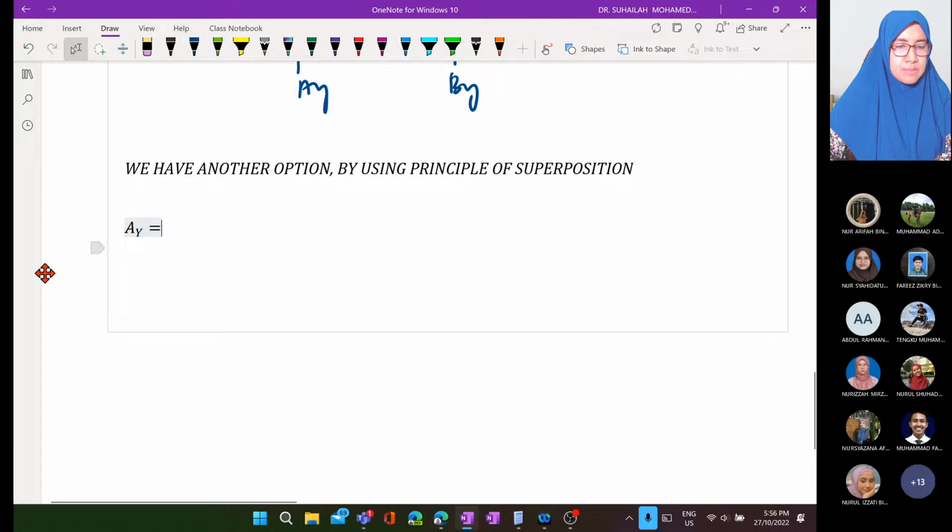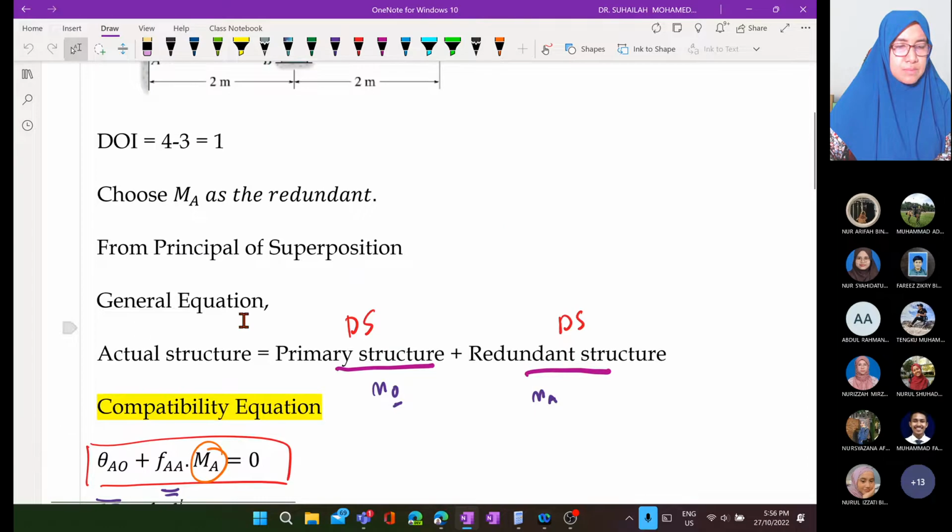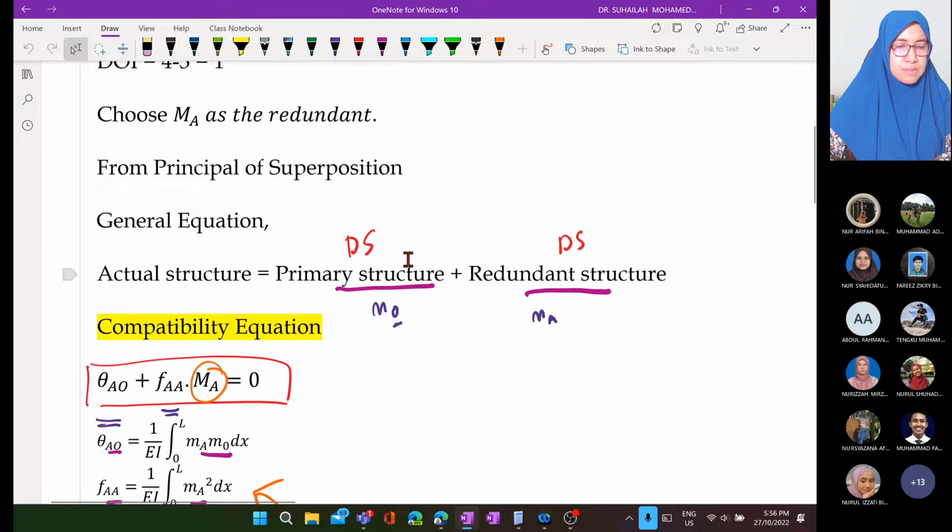Okay, we are referring now to the principle of superposition, the general equation. For the actual structure, we are now calculating the reaction. We have actually calculated the reaction in the primary structure and in the redundant structure.